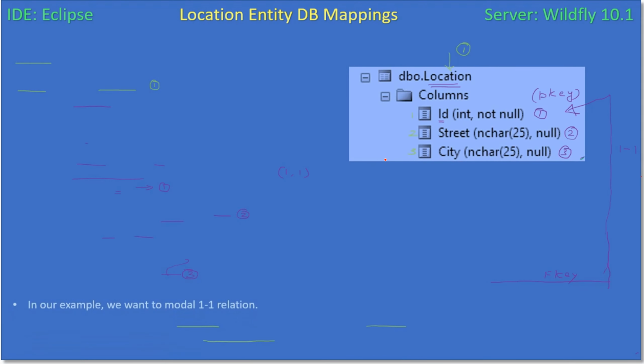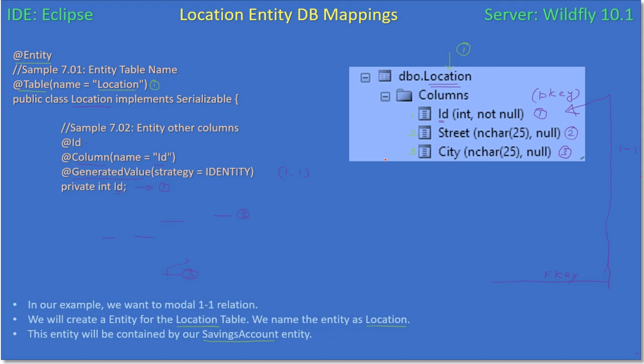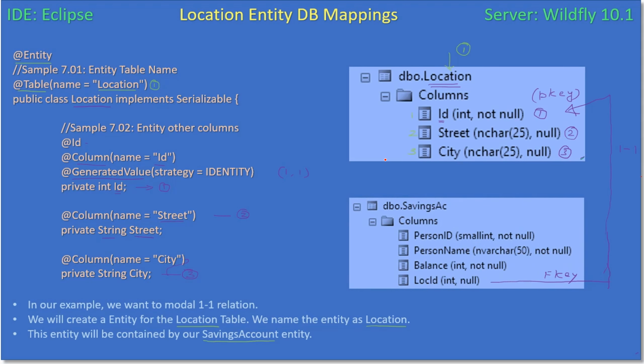So in the previous video we created location entity. We also synchronized this location entity with our persistent unit in the previous video. By this time, our persistent unit knows that it is managing two entities. One is location and another one is a savings account. And it also knows where those entities are pointing in the database.